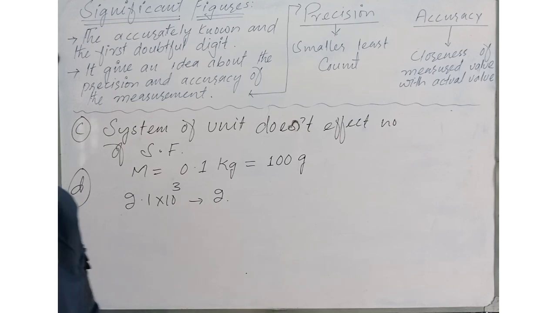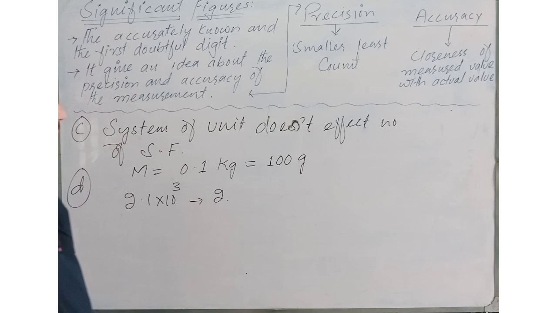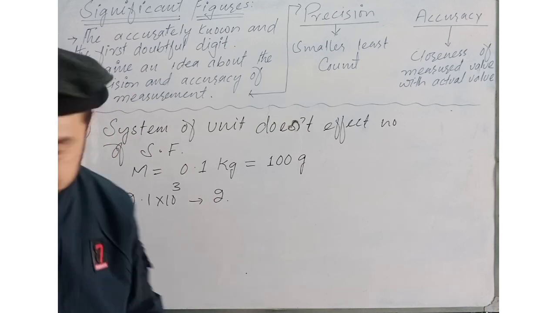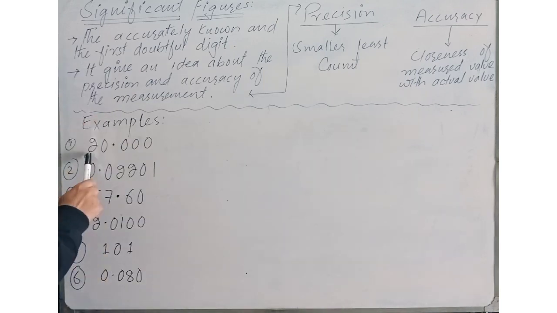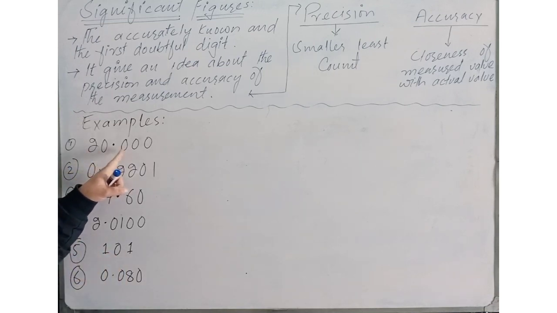Let us solve some examples in order to clarify the concept further. The first example we are having is 20.000. Just remind what we did last time. All the zeros which are trailing and having decimal points are considered to be significant, and the non-zero digits are always significant.